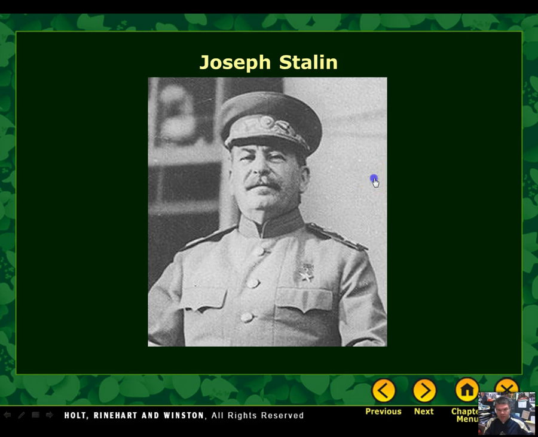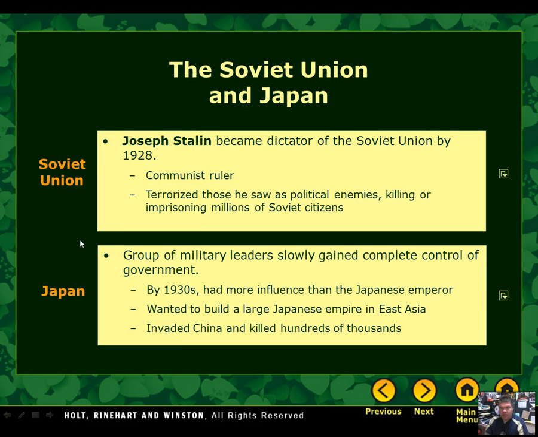There you go. And then the last person we're going to talk about is the Emperor of Japan. His name was Emperor Hirohito. And he was a young emperor, and he was very easily persuaded by his government officials, and specifically the group of military leaders. These military leaders slowly gained control of the government.